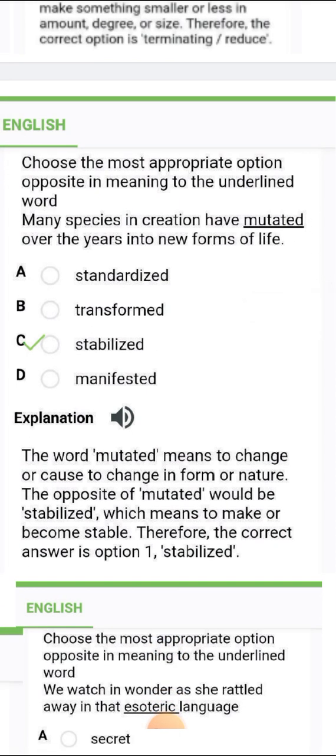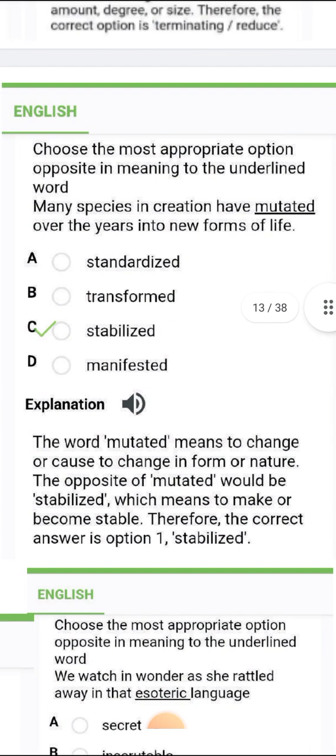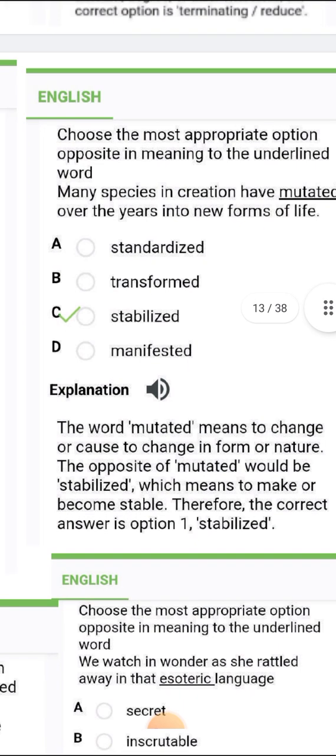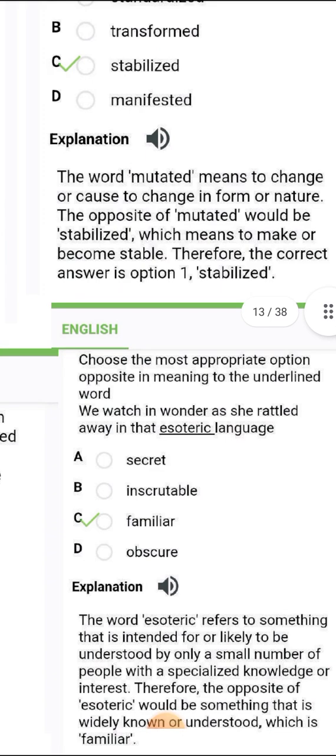Therefore, the correct answer is option 1. This one is mad. Correct answer is option 3 now, which is C, stabilize. Alright? The reason what happens here is because of the way it was programmed from the database and it shuffles, so it didn't correct this when it was shuffling. Alright, so that's what happened. So that's why you are seeing that there.